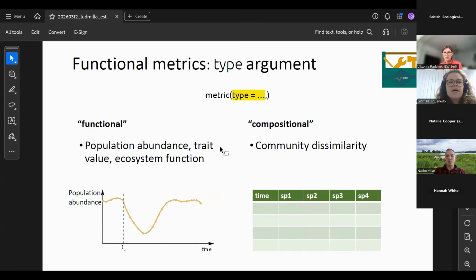This identifies a subgroup of variants where you either calculate a true functional metric, in the syntax of our package, where you're expected to give a time series of a single state variable. As I said in the beginning, this can be population abundance or some trait value, or you give compositional time series. This is based on the composition of your community over time, and the metric to calculate is based on community dissimilarity.